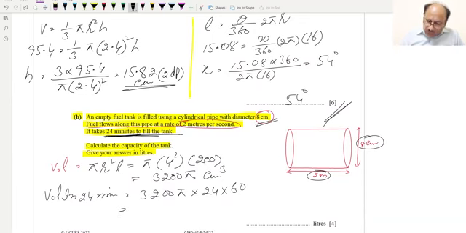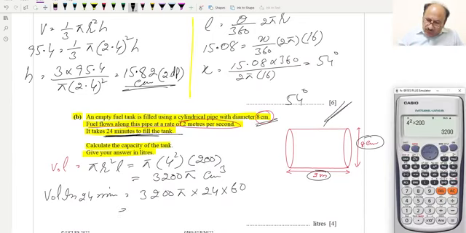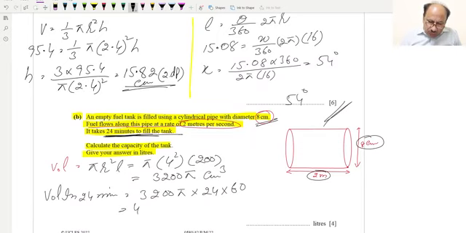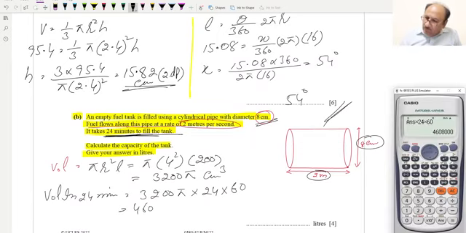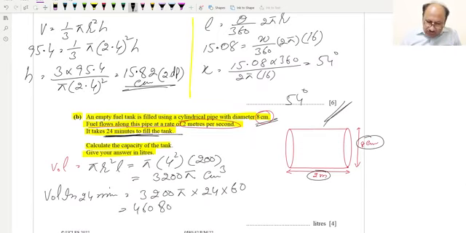This number will be multiplied by 24 and by 60, and pi is also there, so we can write 4608000 pi.